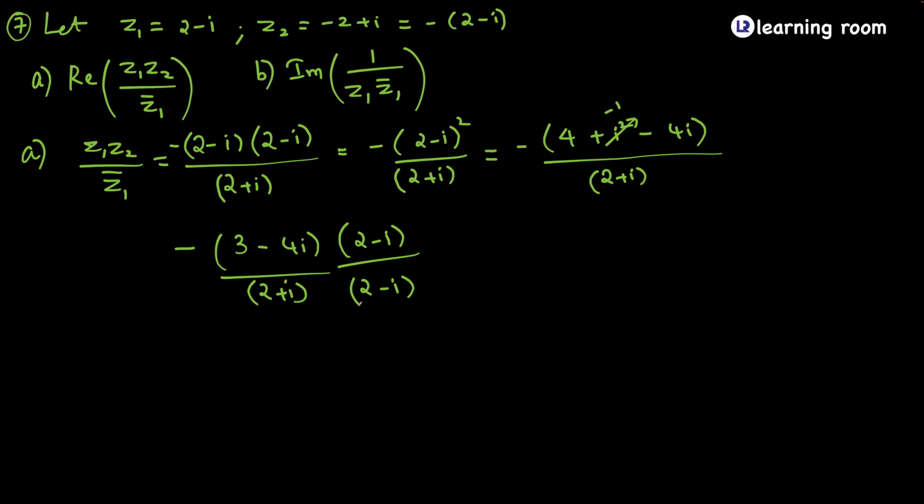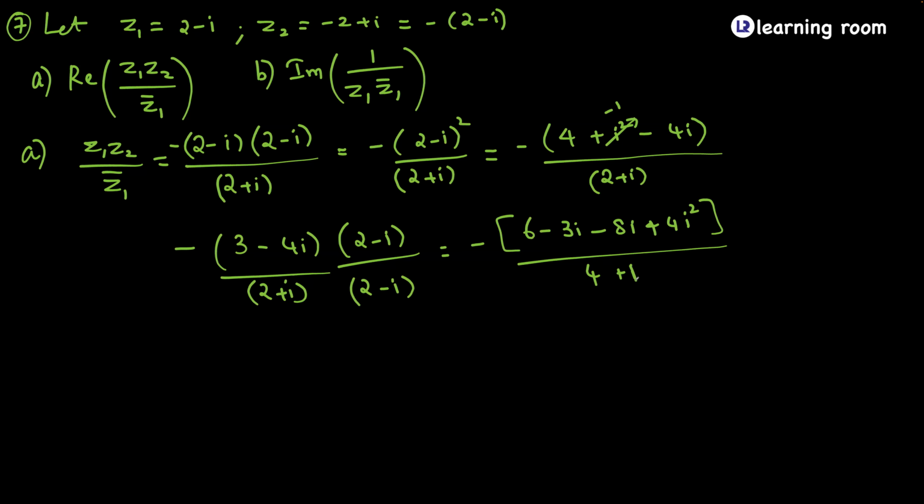When you do this, what will you get? So this will be minus of 3 minus 4i into 2 minus i. So it is going to be 6 minus 3i minus 8i plus 4i square the whole divided by 2 plus i into 2 minus i, which is 4 plus 1, 2 square plus 1 square.